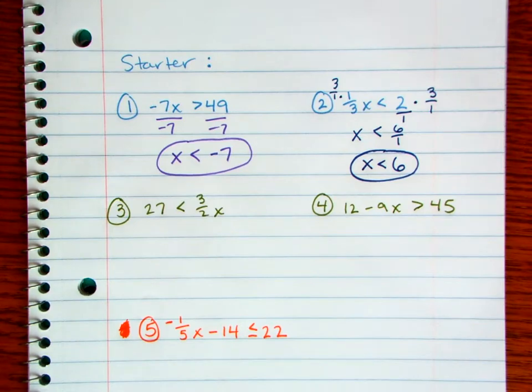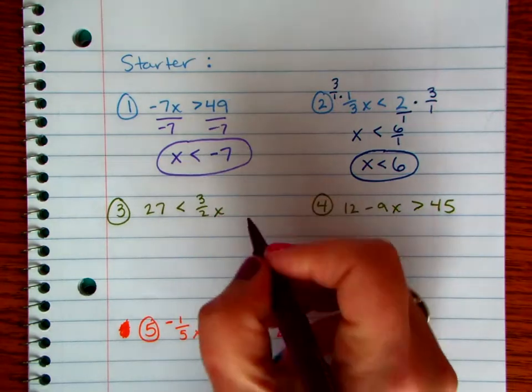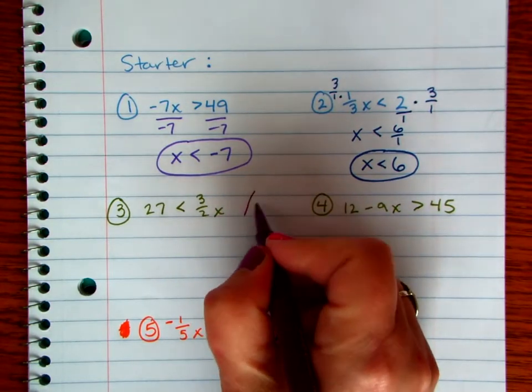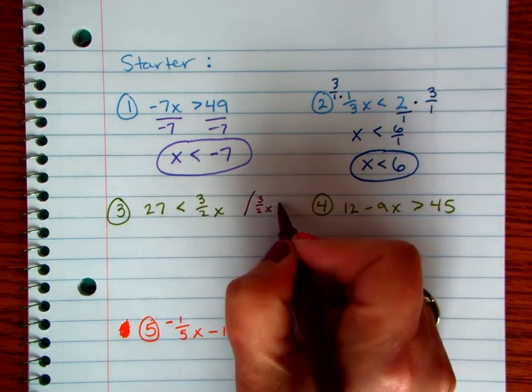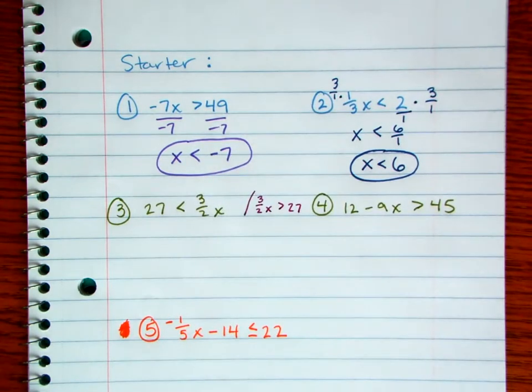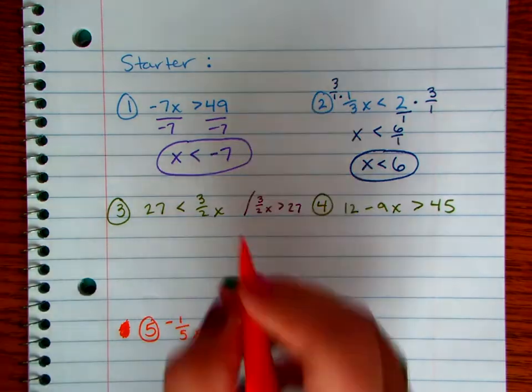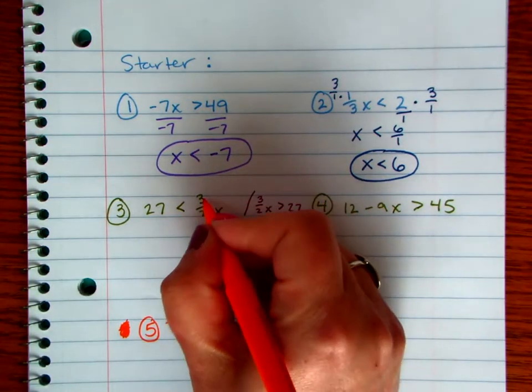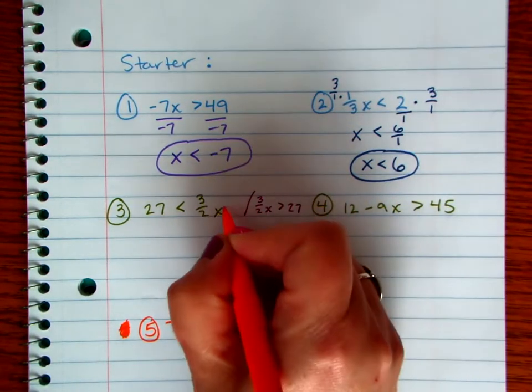And the third question, it's flipped around, and be careful about how you flip it. If you are one of those people who prefers to flip it, then you would have to write 3/2 x, but in this case, you would have to flip the symbol before you do the problem, is greater than 27. I prefer to leave it alone, only because I think flipping the symbol is a little confusing unless I have to. So I need to get rid of that 3/2 next to the x.